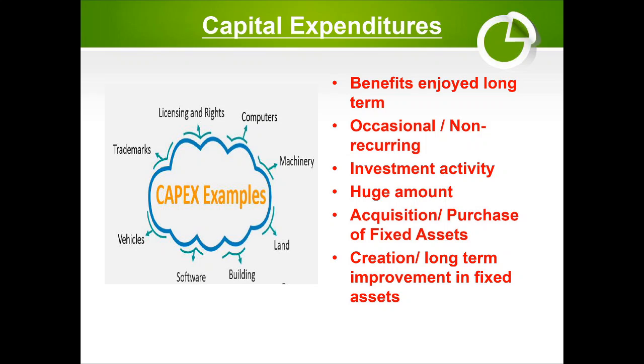So basically, capital expenditure is an investment activity in the form of huge amounts, non-recurring in nature. We are not going to purchase computers or machinery daily, and the benefits are derived for the long term. It is basically acquisition, creation or purchase or improvement of fixed assets.